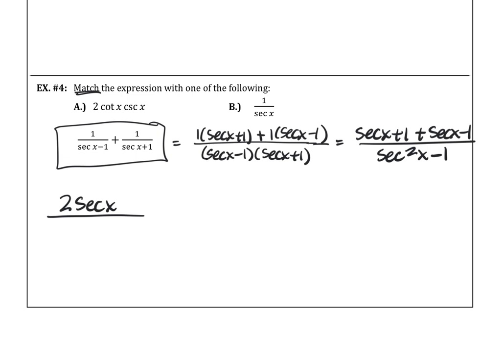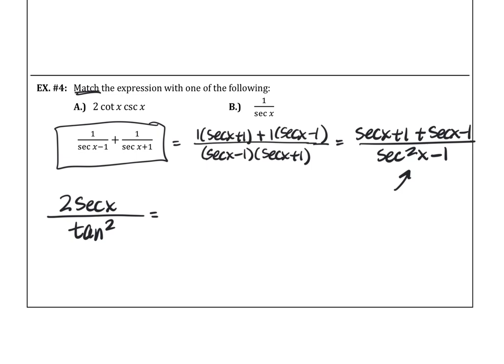Oh, wait. Is that an identity? That one right there? Is that tangent? Oh, yes, I think it is. Is that tangent squared? Awesome. Okay, so now let's see. Now we're still trying to get there. I see the 2, so I'm thinking it's A now, but not 100% sold on that.